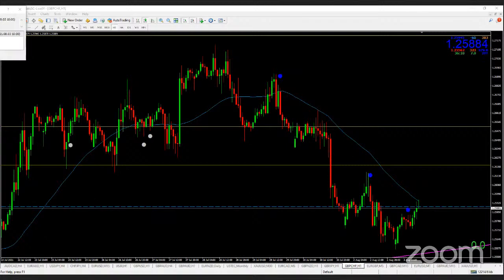So we'll just focus on the basic analysis and let my mentees and VIP members be the ones to have the headache of trying to understand how to draw or figure out the harmonic patterns. So I'll have some music in the background and I'll come back, guys, and we'll see if we can find any more trades to get into.